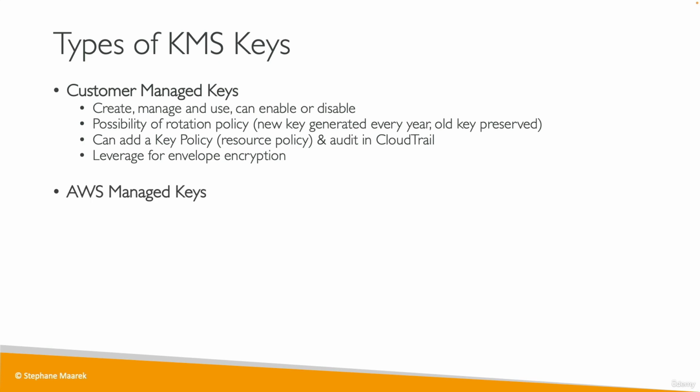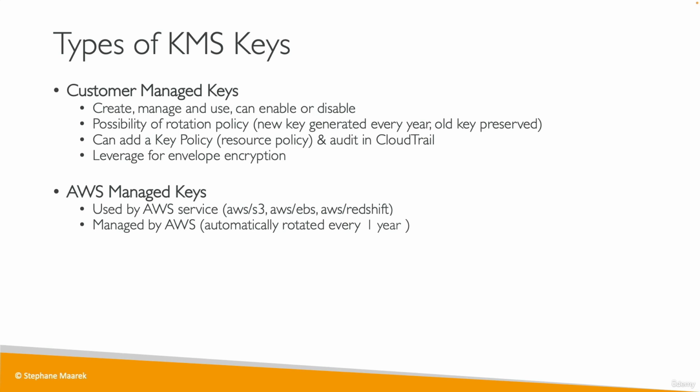But a second kind of key is the AWS managed keys. So these ones are used exclusively by AWS services such as aws/s3, aws/ebs, and so on. And this is what you see in the UI when you use the AWS managed keys. So they are managed by AWS and they're automatically rotated every year. You can view the key policy and you can audit in CloudTrail, but you cannot leverage them for your own encryption operations.